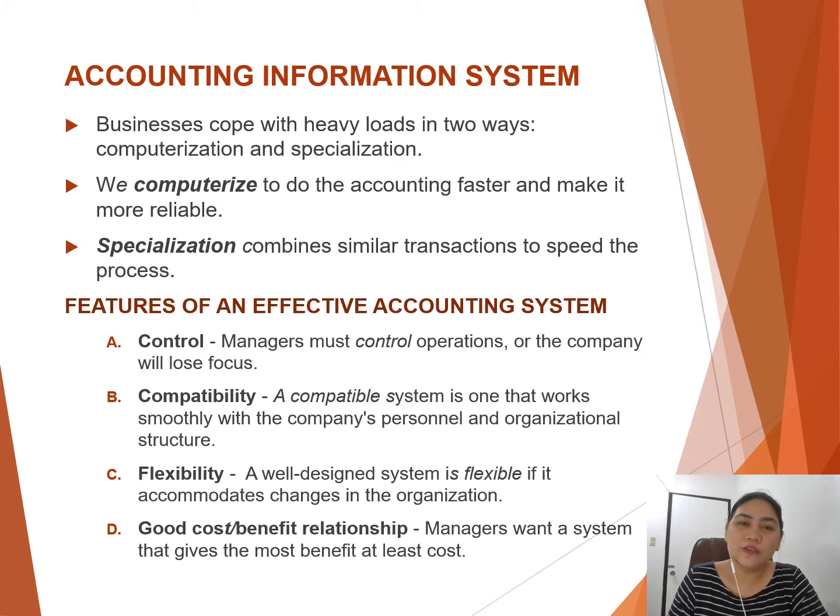Bakit siya magiging faster? Kasi there are certain procedures that can be skipped at ang mangyayari dito, ang magka-calculate na ay ang computer. And also, it will be more reliable because pag tao ang nagko-compute, it is prone to error. Unlike or compared to computer, that will do the mathematical computation.